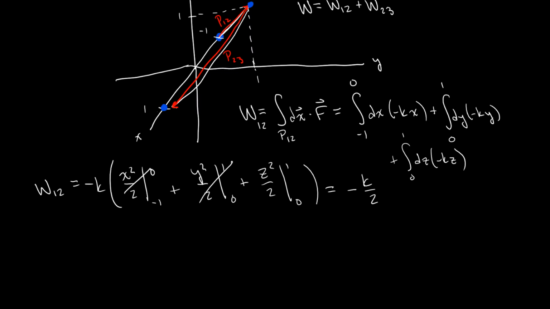Okay, so I'm not seeing any more questions showing up. So let's just go ahead and do the second part of this path, which is going to be the work done from point 2 to point 3, starting with the x integral, which again is just minus kx, because that is the force in the x direction.